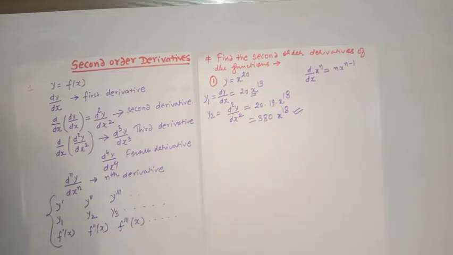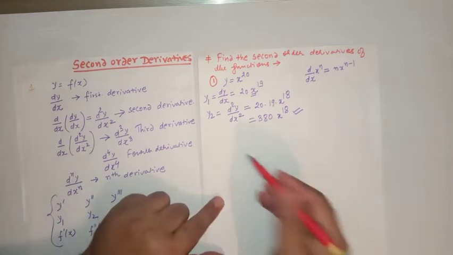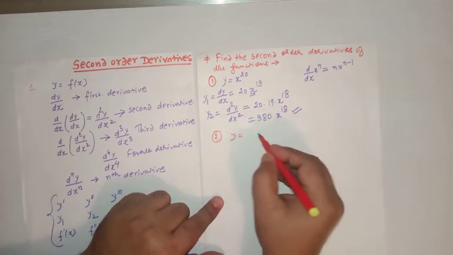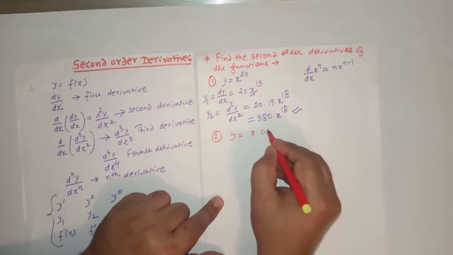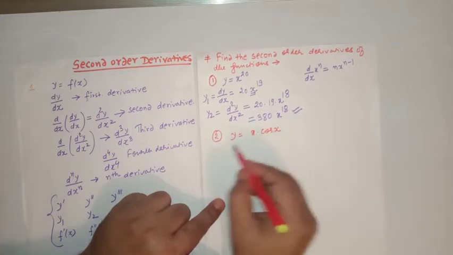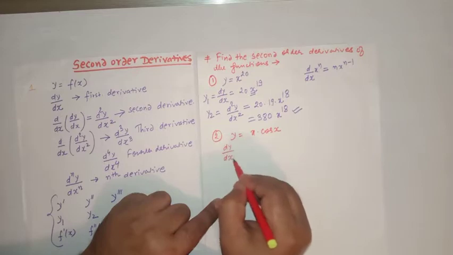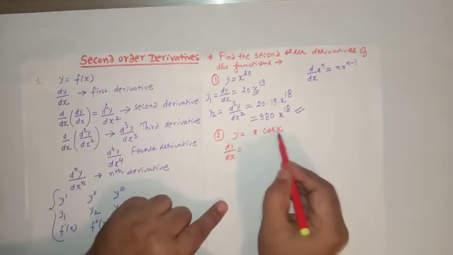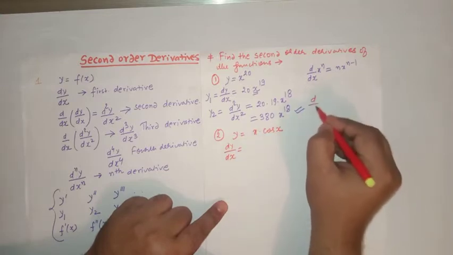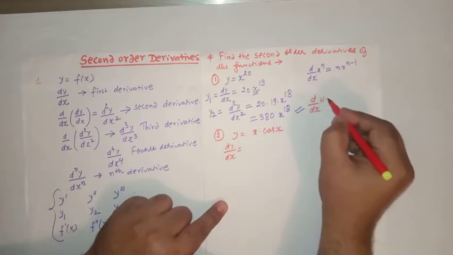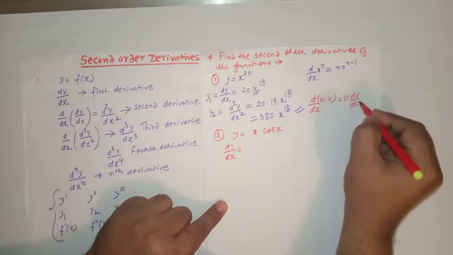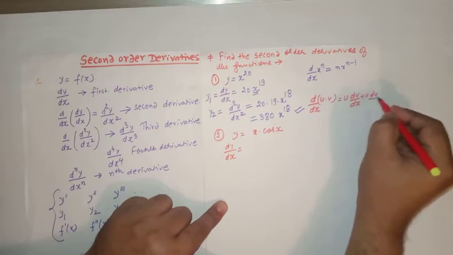Okay, now let us take another problem. Suppose we have to find the derivative of say x cos x. So the first derivative is dy over dx, and here we'll make use of the product rule, and the product rule is d by dx of u times v, that is first function times derivative of second, then second times derivative of first, right?